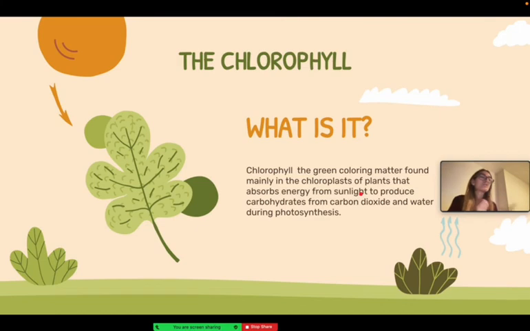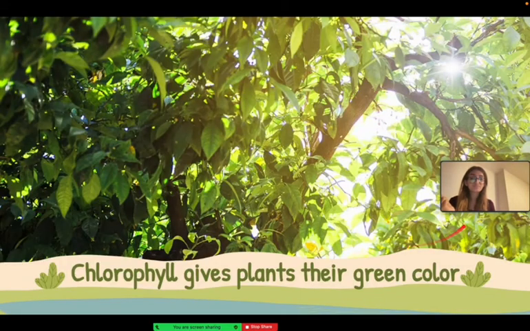Here we go. So chlorophyll is actually the pigment that gives green plants their color. It also helps absorb energy from the sunlight to produce carbohydrates from the carbon dioxide and the water. So basically the glucose. It gives it its green color, and I'm going to explain how it does that.